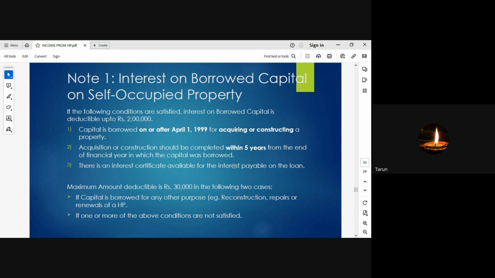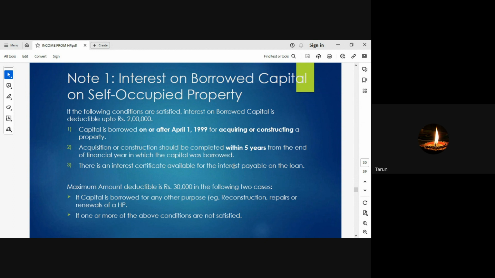There should be an interest certificate available for the interest payable on the loan. Otherwise, the maximum amount deductible is rupees 30,000. This applies in two cases. If the capital is borrowed for other purposes like reconstruction, repairs, or renewal of the house property, or if one or more of the above conditions are not satisfied, then 30,000 would be deductible as interest on borrowed capital.